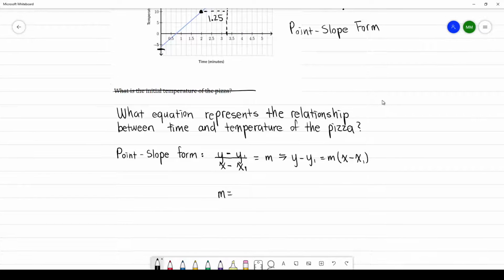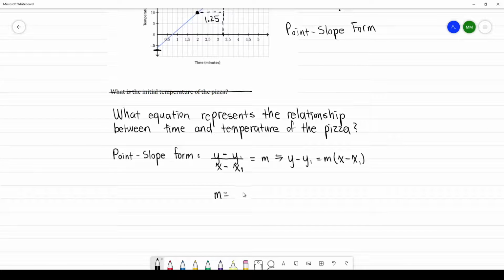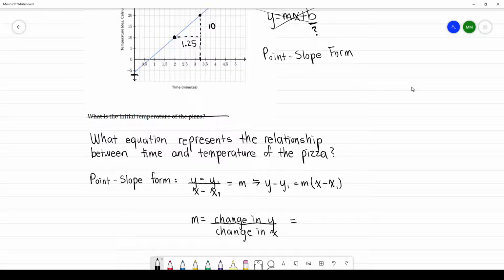So that means the slope is equal to the change in y divided by the change in x, and according to the graph, that is 10 divided by 1.25, and that's equal to 8.